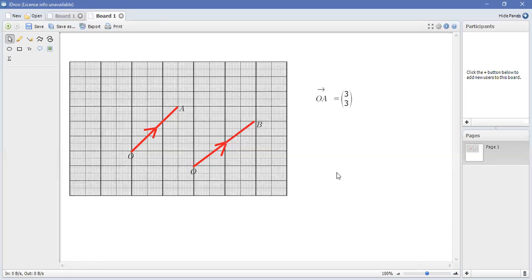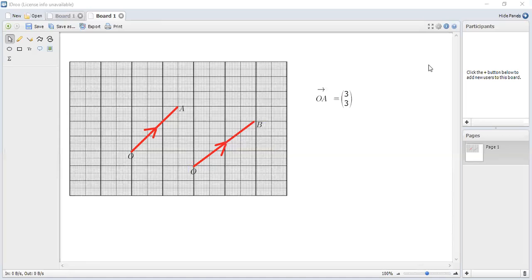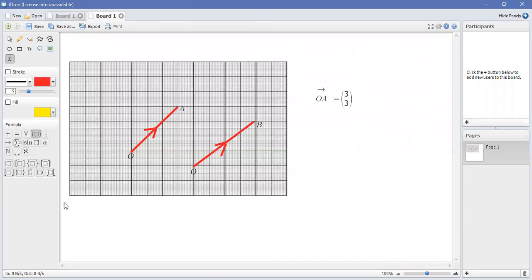OB 4/3. Okay, Sheva gave the answer 4/3. So let's look at it now. Tell me how I should write it. OB. Remember, you must have the arrow too. Yeah, OB with the arrow over it.